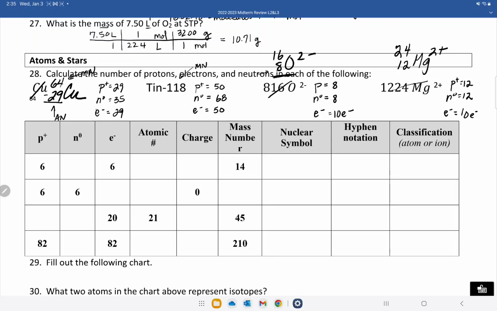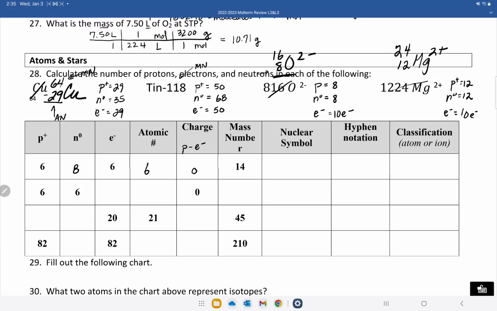Now, to do the chart, we're basically doing exactly the same thing. If my mass number is 14 and I have 6 protons, that means I have 8 neutrons. Atomic number is the number of protons, so that's 6. And then the charge is protons minus electrons, so charge is 0. Now, the nuclear symbol, we have to figure out what element this is.